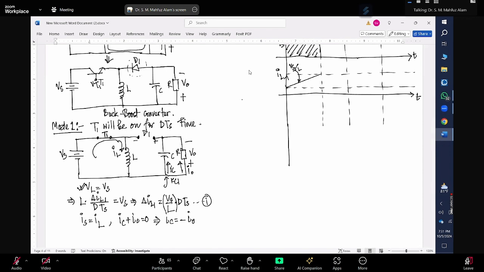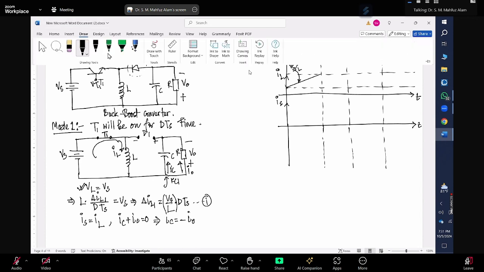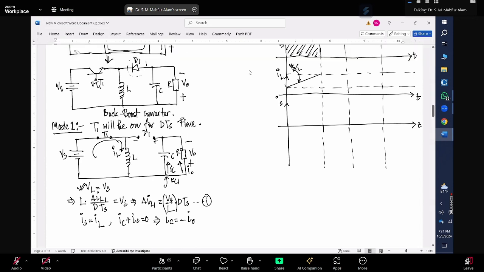So for the capacitor current, what will happen? If I want to draw the source current, suppose this is my source current, IS. Let me draw it a little bit below.